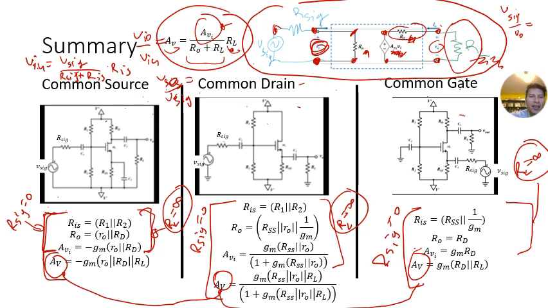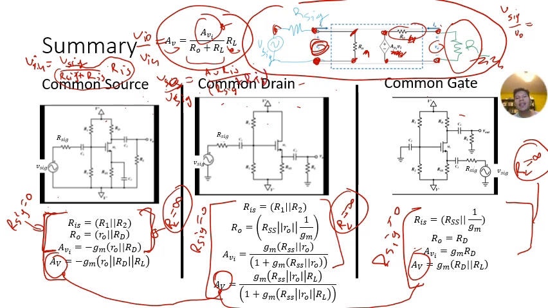So you're going to have that V out over V sig is equal to this factor here times your gain AV.